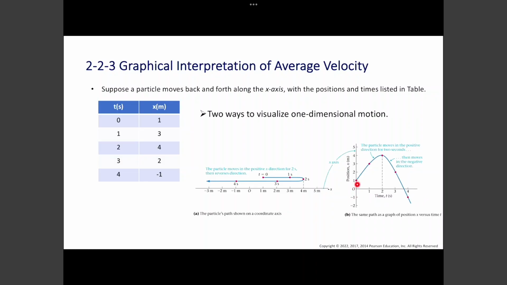So at t equals 0, it is at 1 meter, at t equals 1, it is at 3, at t equals 2, it is at 4 meters, at t equals 3, it is at 2, and at t equals 4 seconds, it is at minus 1. So this way, it is easier to visualize the particle's motion. This type of graph we call an x versus t graph.